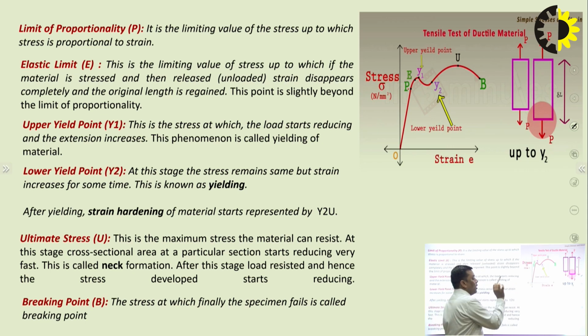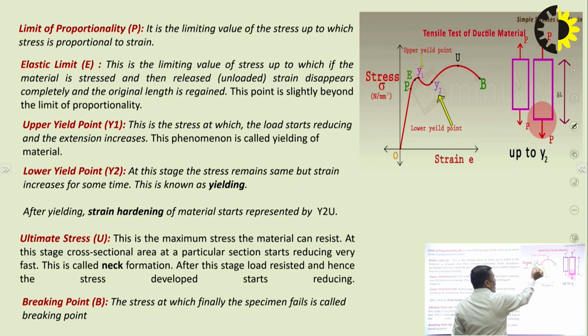It means Hooke's law is obeyed perfectly, and the curve from O to P will be linear, because stress and strain are directly proportional. At point O, whenever there is no strain, the stress is 0. As the strain is increasing, the stress is also increasing, and up to the proportionality limit, stress and strain both increase in the same proportion, and the diagram is a straight line from O to P.